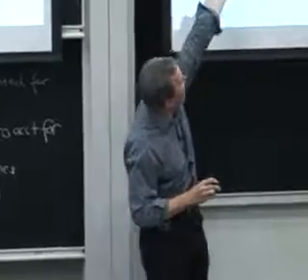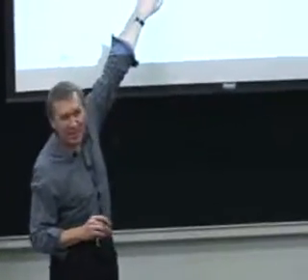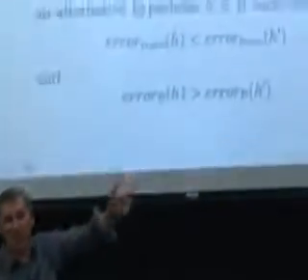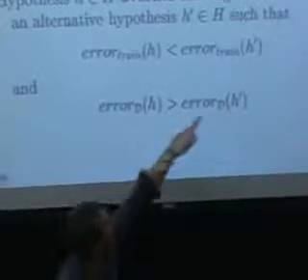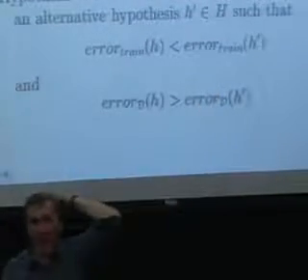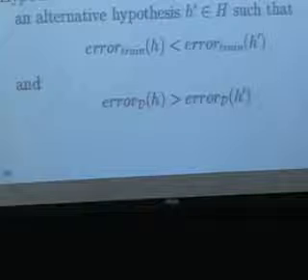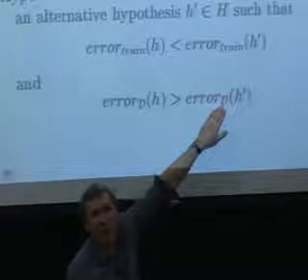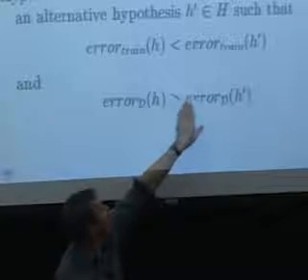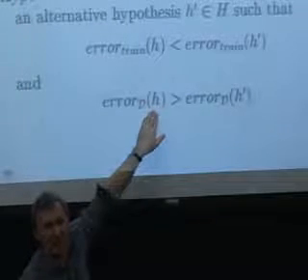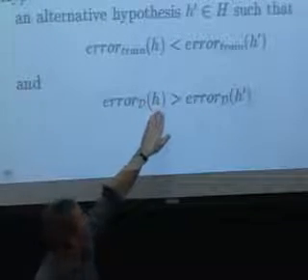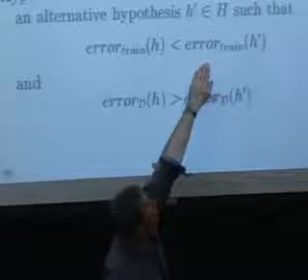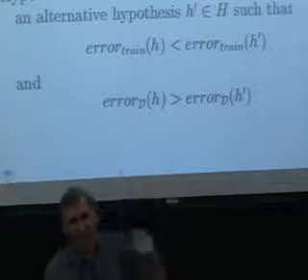But we'll say that H, the outputting hypothesis, overfits the training data if there's some other hypothesis we could have output, H prime, where H prime actually does a better job over the distribution of future examples, has a smaller error than H, the one we're outputting, but it looked worse on the training data.